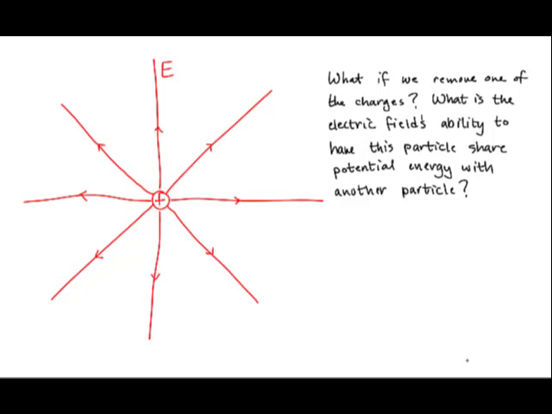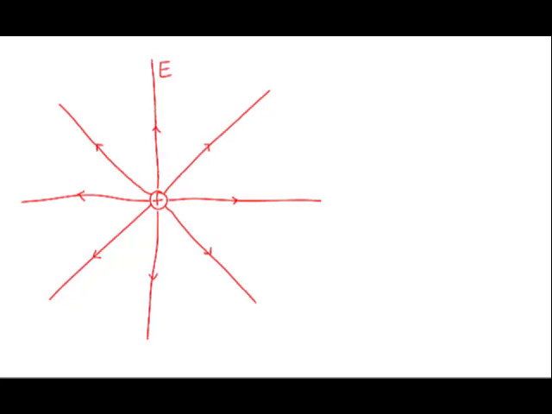But there has to be a way for us to quantitatively measure this electric field's ability to store energy in the form of potential energy with another charge. So this electric field must have the ability to share potential energy in the presence of another charge.